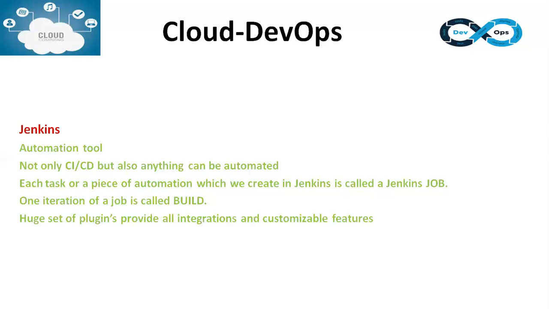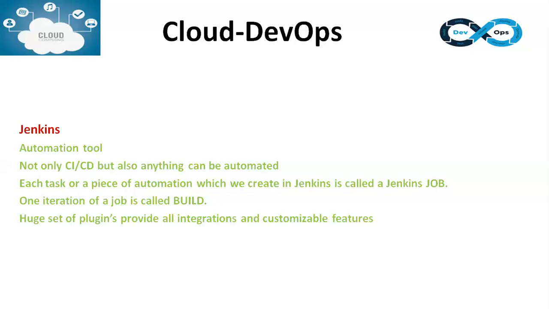Let's see some of the basic aspects of Jenkins. Whatever task or piece of automation you are planning to do, I call it a Jenkins job. So from the Jenkins perspective, that becomes a task, that becomes a job. For example, if you want to run a couple of shell script commands or Windows-based commands, and you want to run the task without your involvement, so you want to do that with the automation tool, I call that task a Jenkins job, and each iteration of that job is called a build.